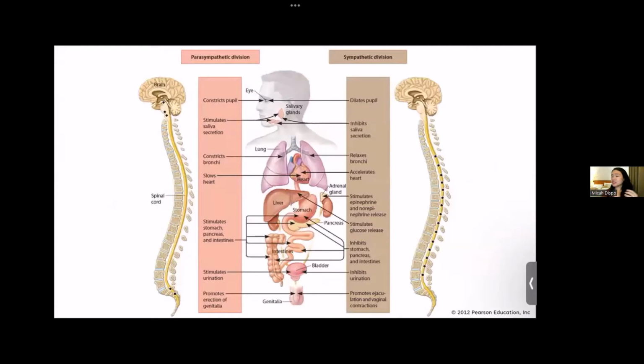And in this illustration, we can actually see the different effects to our body, depending on whether we are resting and digesting or whether we are under the fight or flight response. So again, the parasympathetic division controls your rest and digest, while your sympathetic division controls your fight or flight response. And this figure can show us its effects in the body.